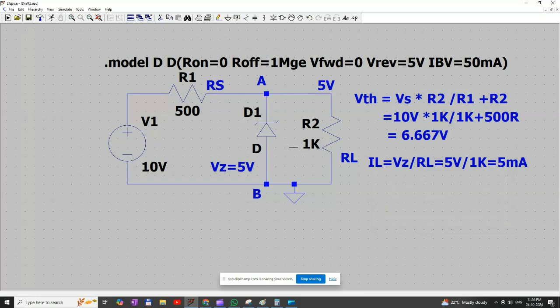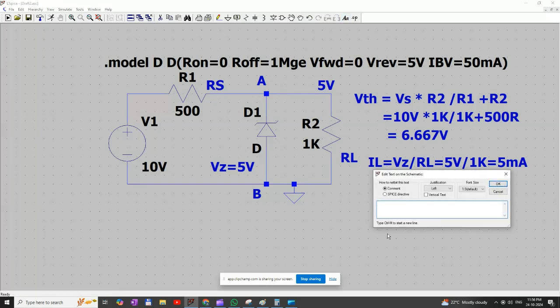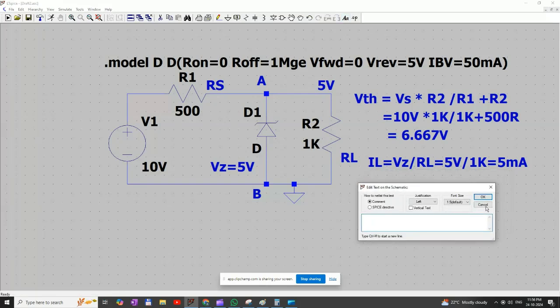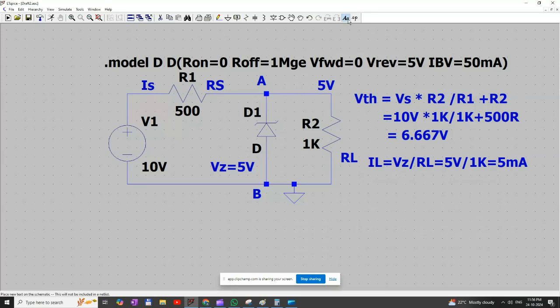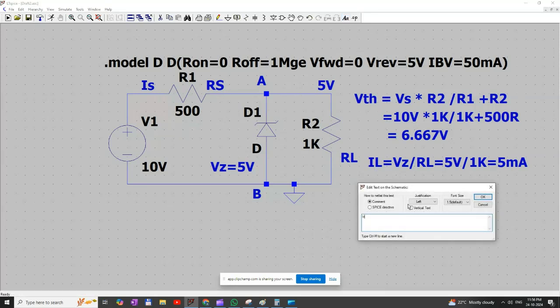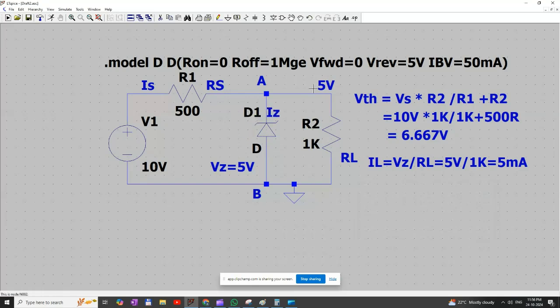Now we need to find the current across the Zener diode. For this, we need to apply the KCL rule at node A. Here IS is the source current, this is IZ, and this is IL.